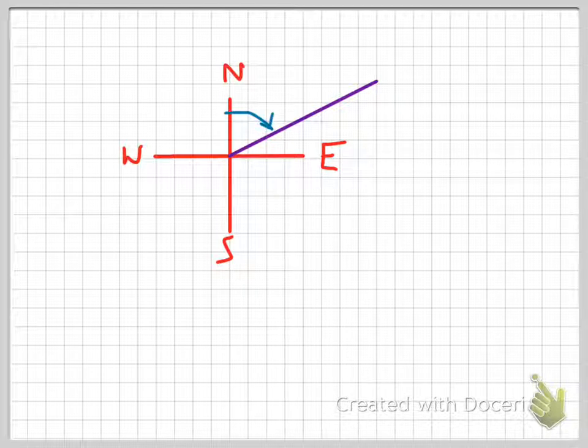We can describe this angle as being east of north. If we describe this heading using this angle, it's east of north. We can use the same exact heading, but describe it with a different angle that is north of east. Okay? So that's fairly self-explanatory.